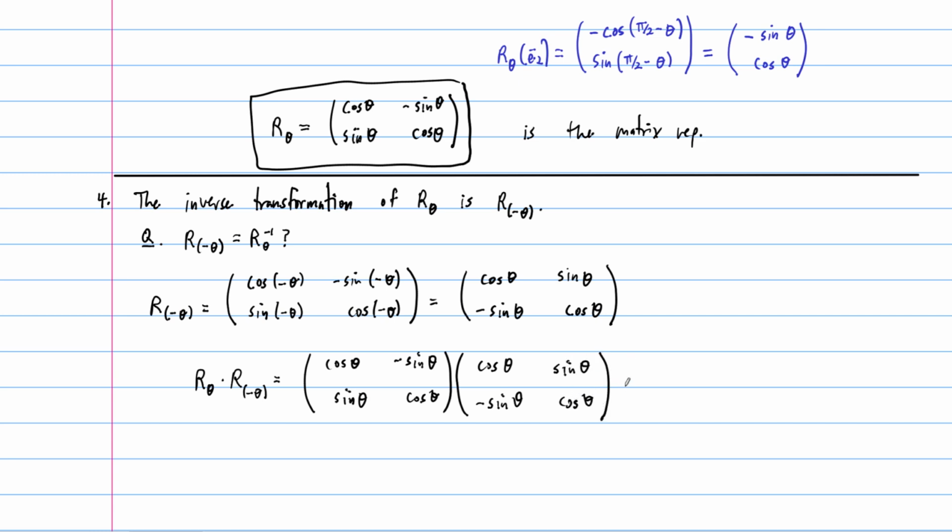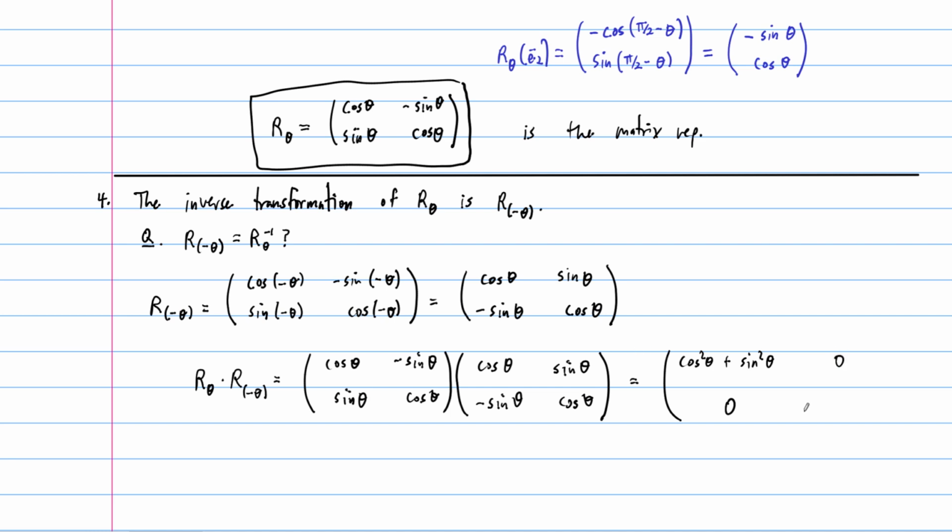All right, and as we multiply this out, look what we get. In the first component, we get cosine squared theta plus sine squared theta, minus minus. The 2,1 component down here is sine theta cosine theta minus cosine theta sine theta, so that's 0. And then same thing up here: cosine theta sine theta minus sine theta cosine theta, so that's 0.